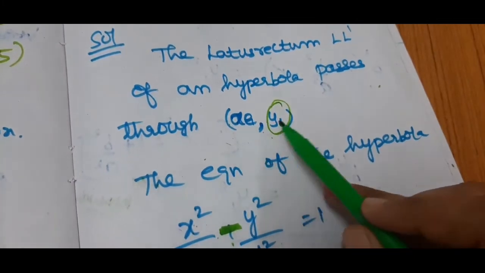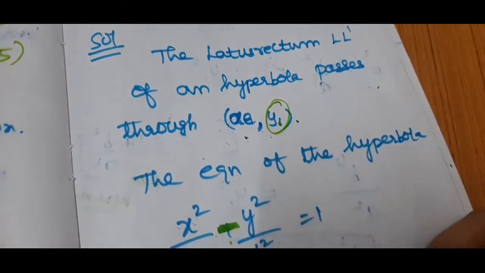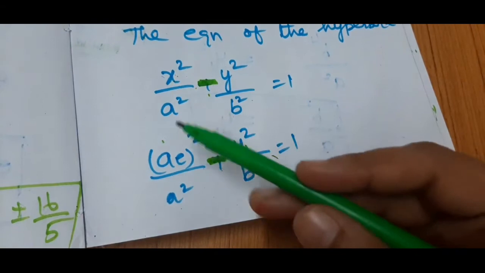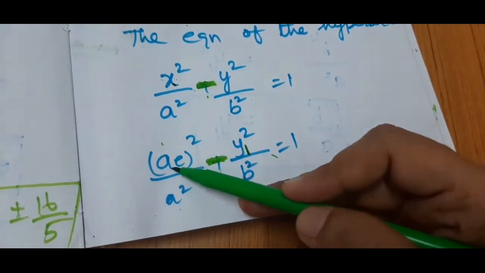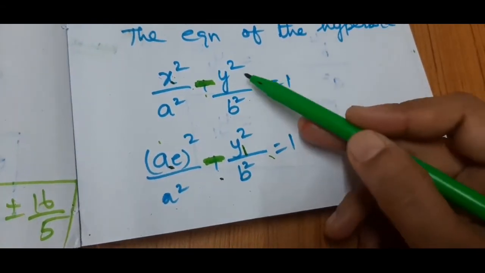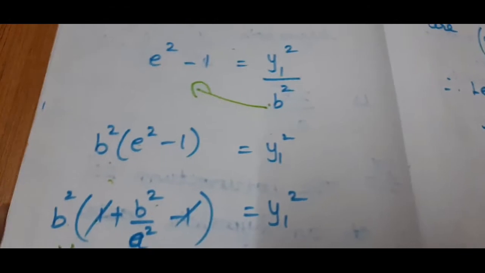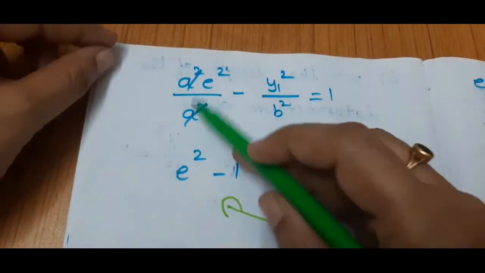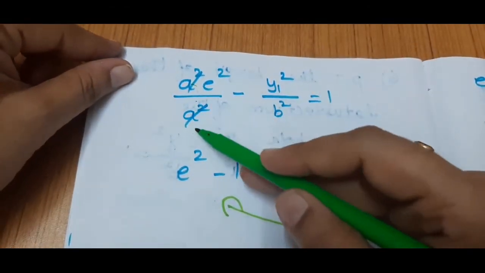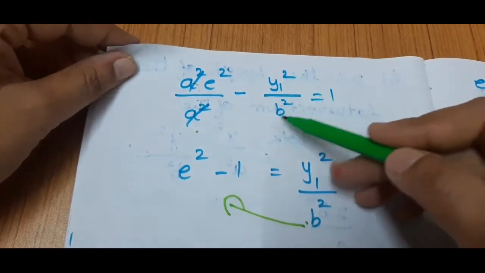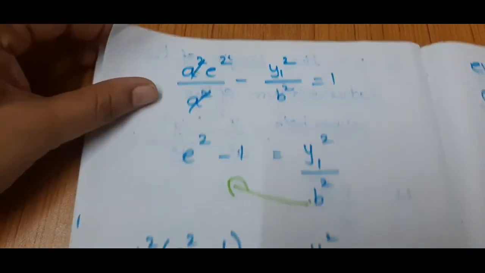Since it passes through (ae, y1), this point must satisfy this equation. So a square e square by a square minus y1 square by b square is equal to 1.